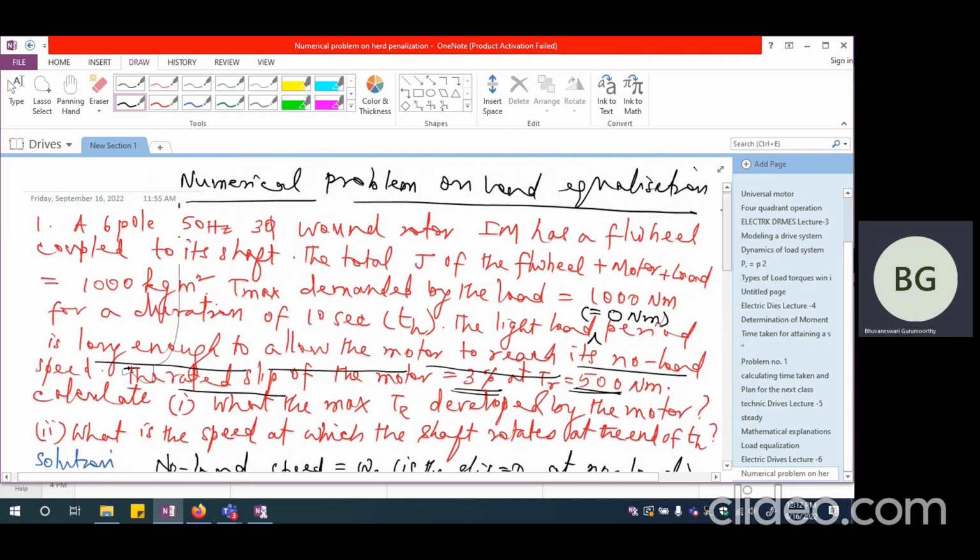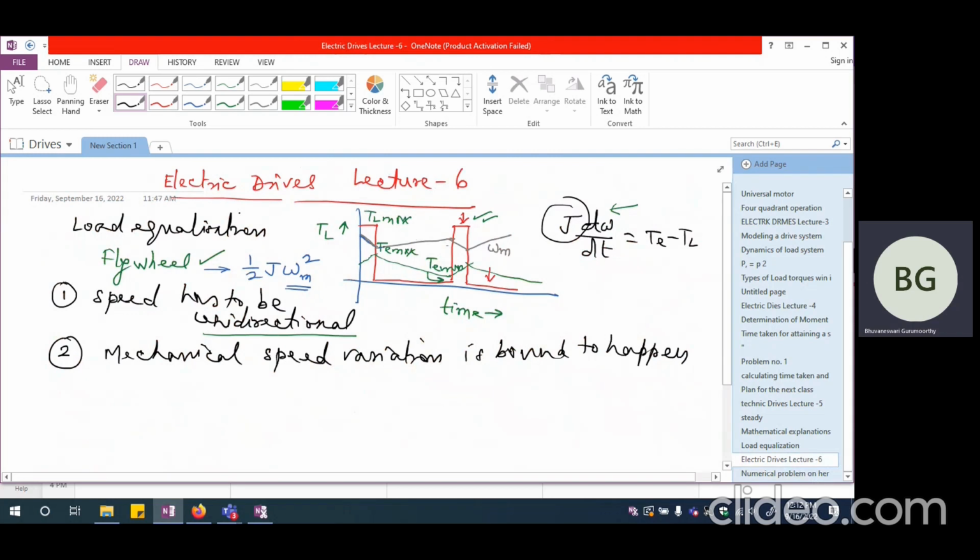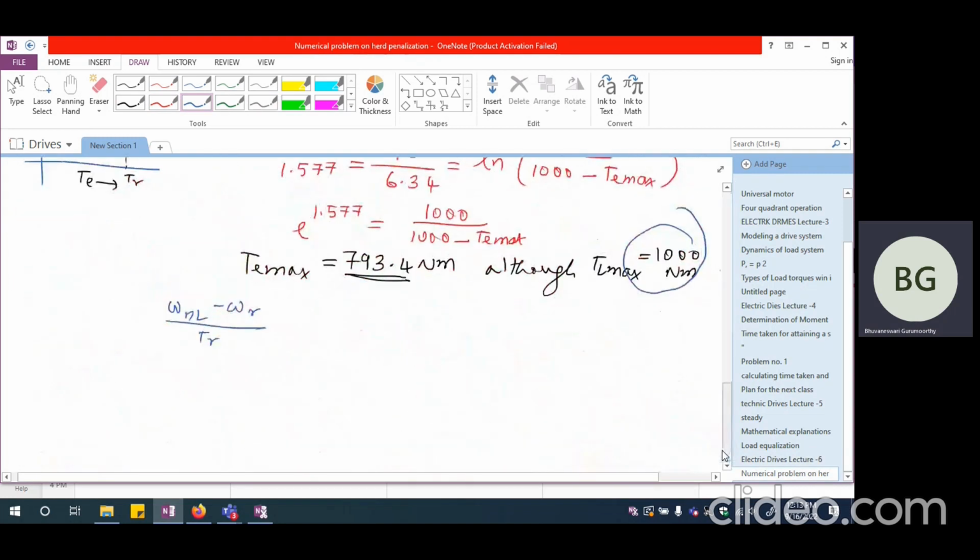Let us look at what kind of speed variation the drive is having. At the end of the high load period, it is having a reduction in the speed. At the end of the light load period, it is having an increase in the speed. So the speed is increasing during the light load period and decreasing during the high load period. Let us take a look at the speed at the end of the high load period.